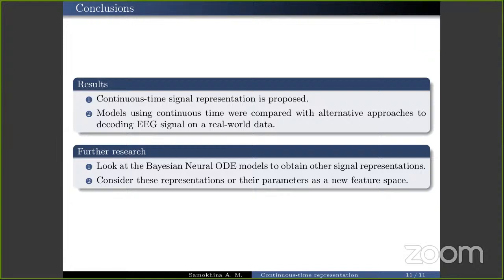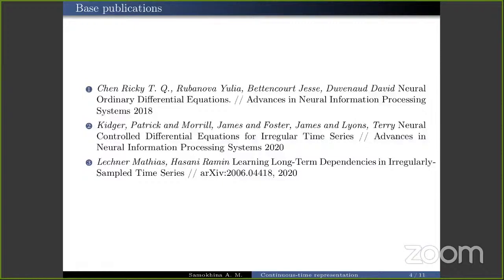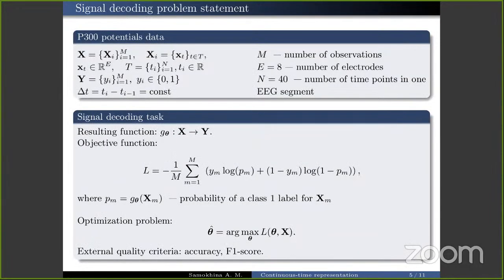So, any questions? Yes, could I ask a question? So maybe I could better understand, if we come back to the example of EEG signals, what is the input? So it's just the control, like a control linear system.